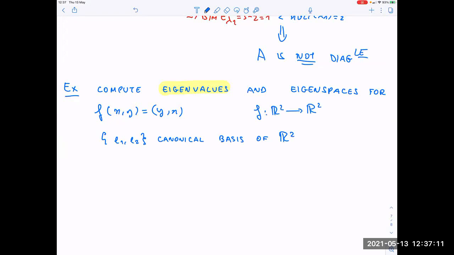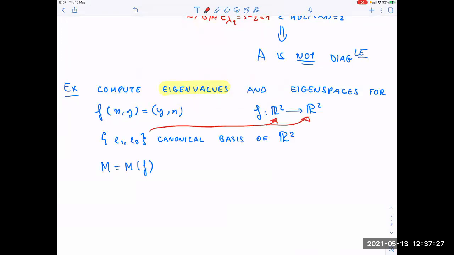So one way of finding the eigenvalues and the eigenvectors is to write down the associated matrix with respect to the same basis in the starting space and in the target space.